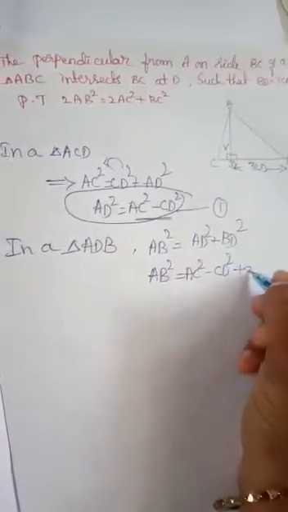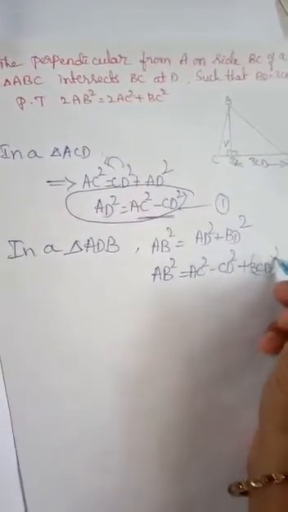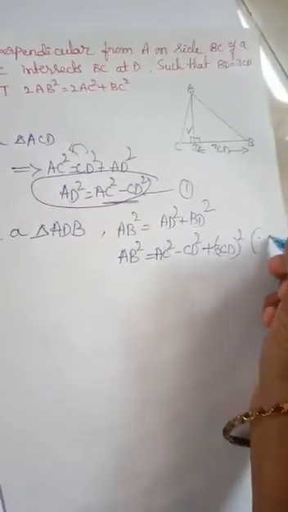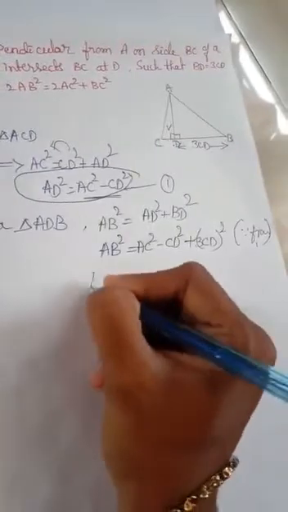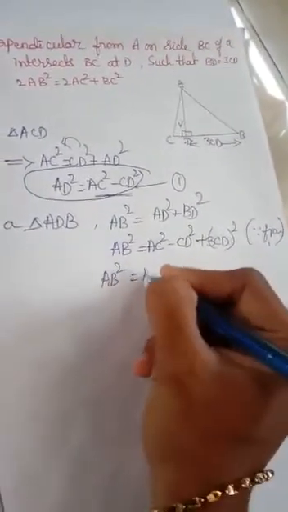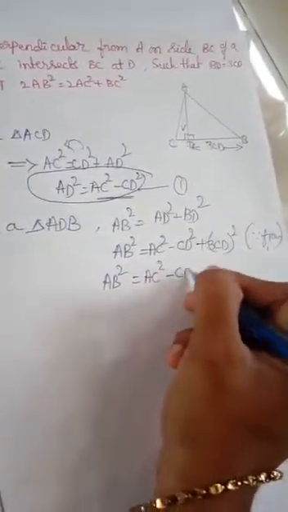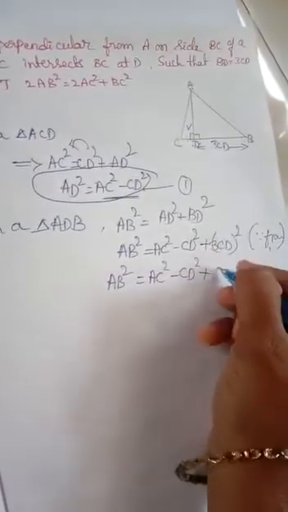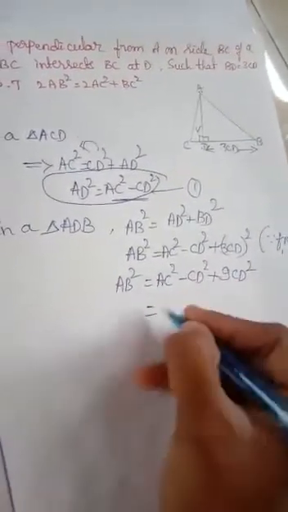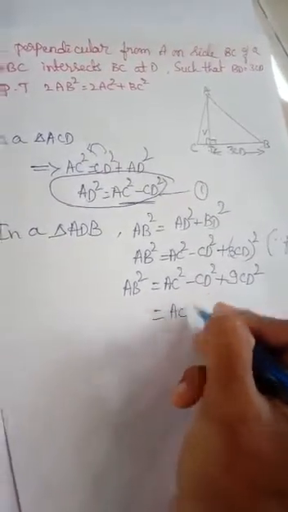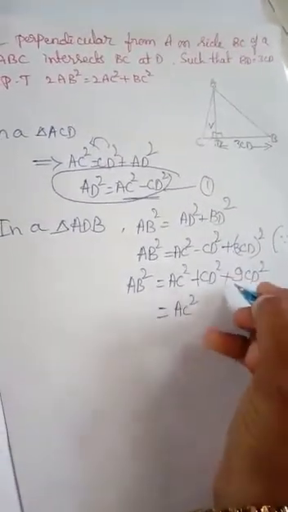BD means 3 times CD, whole square. Therefore, AB square is equal to AC square minus CD square plus 3 times 3, which is 9 CD square.